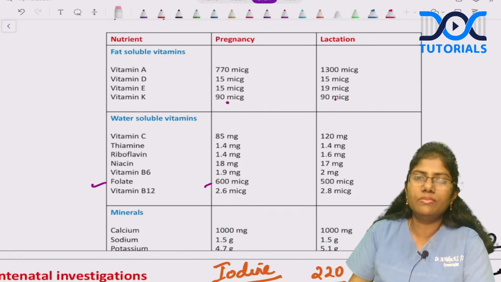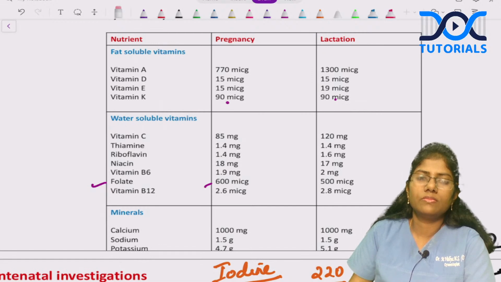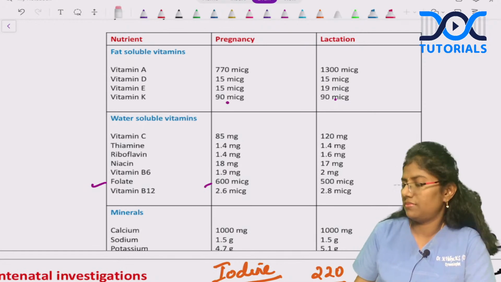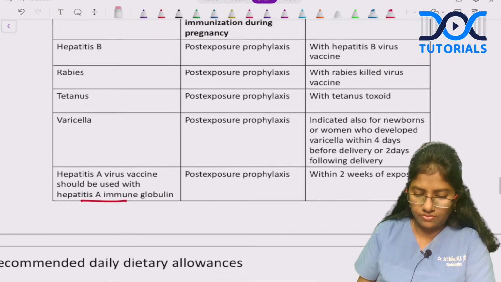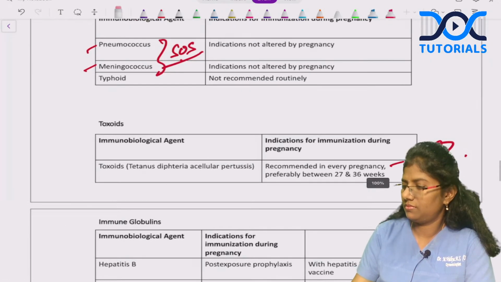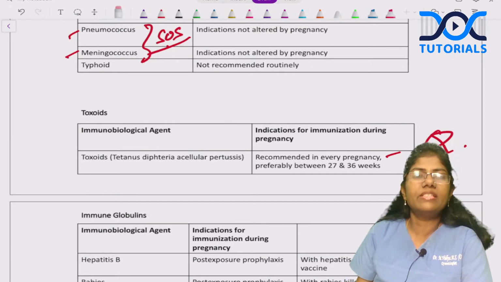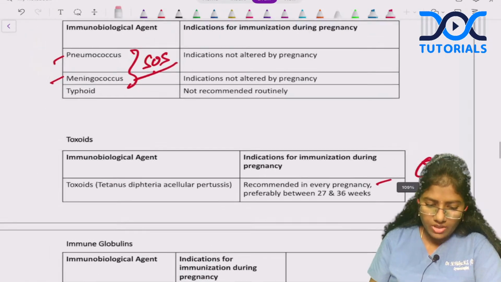Shall we start the session now? Guys? Okay. Sorry guys, let us continue. We were talking about vaccines, right?